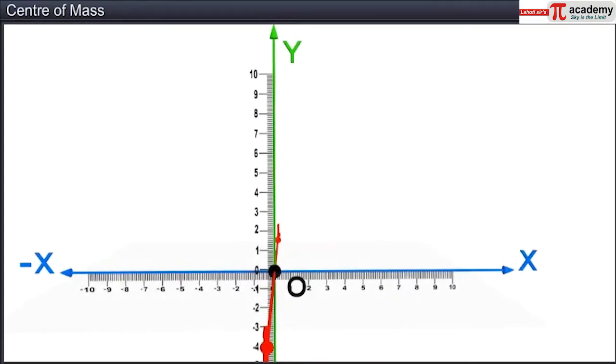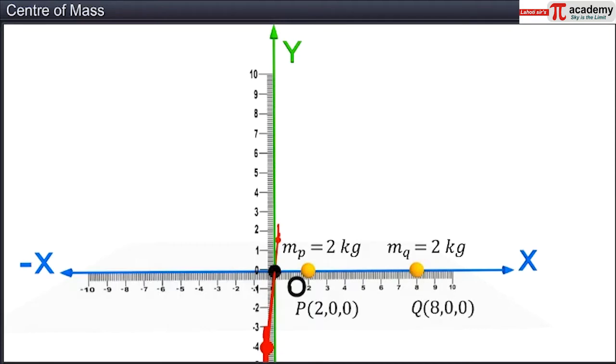For example, consider two identical particles, each of mass 2 kg, located at points P of 2, 0, 0 and Q of 8, 0, 0. Since both particles are along the x-axis, even their center of mass lies on the x-axis.